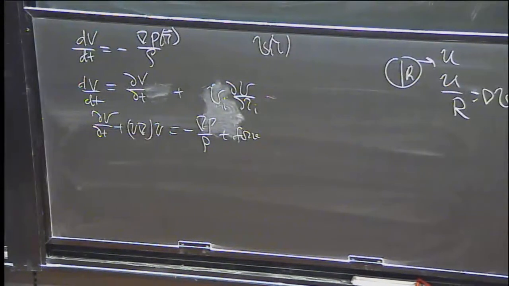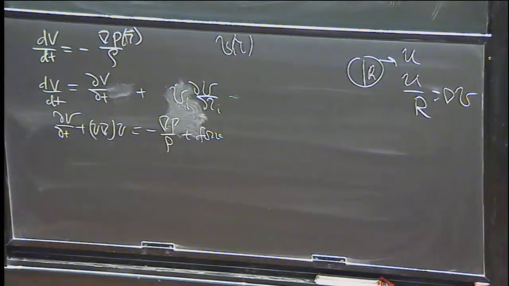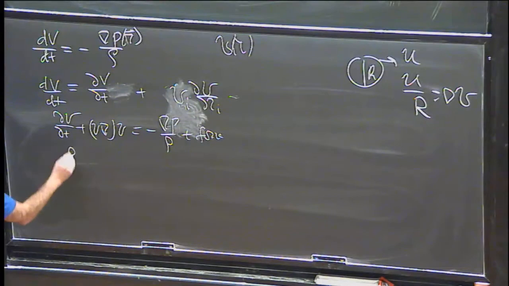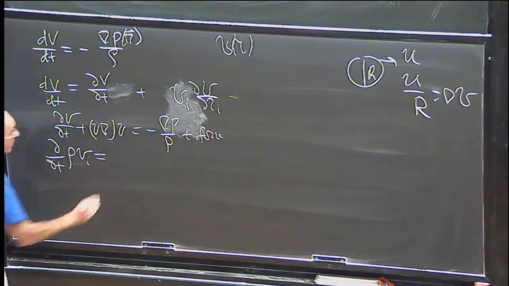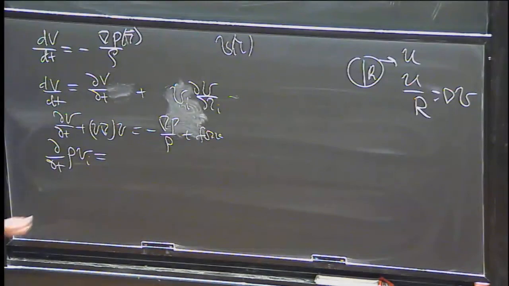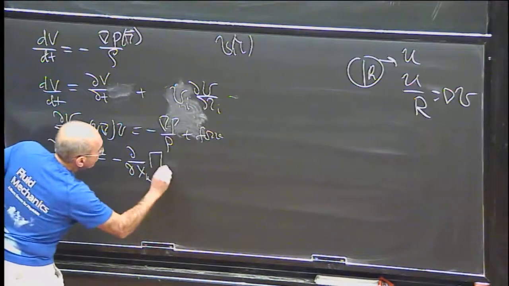Now, because it's the second law of mechanics, the second law of Newton, we can of course write it as a conservation of momentum, right? So momentum is rho v. So I can write again, because momentum is conserved, it must be a divergence of a momentum flux.